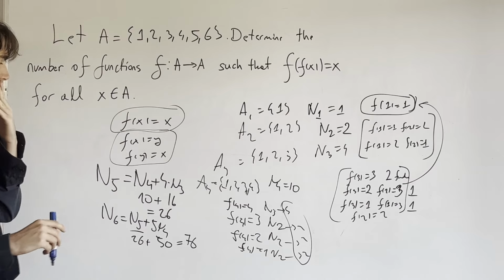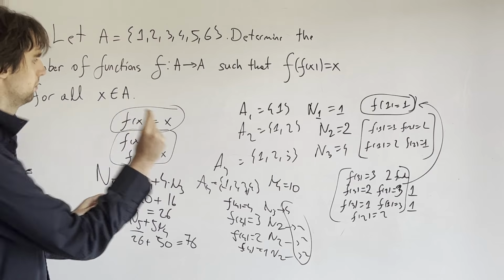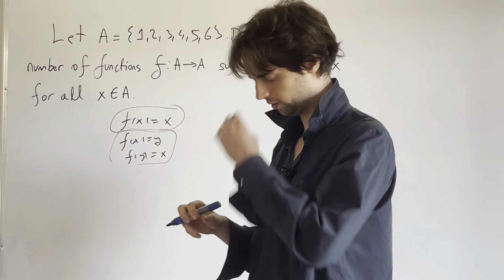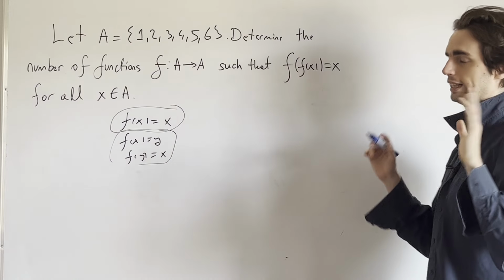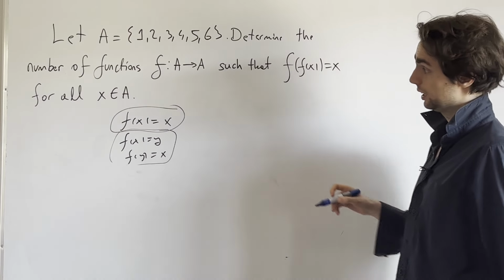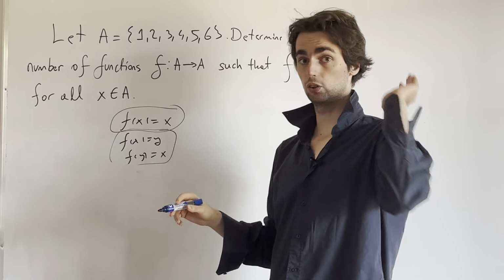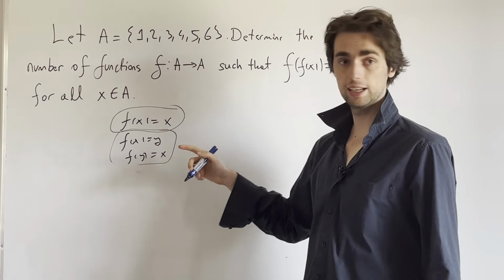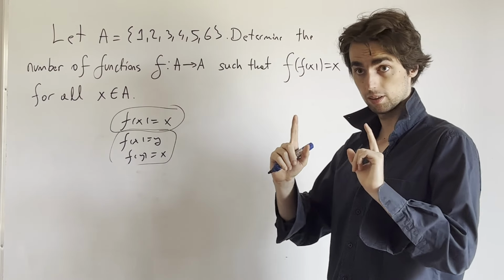And the answer to that is, well, let me just clear this up a bit. And this proof is going to look at how many ways we can pick. We're going to have these numbers that either go directly to themselves or that are paired up.